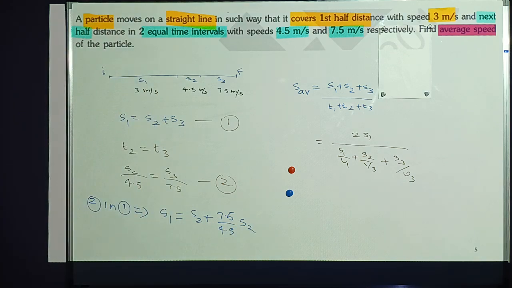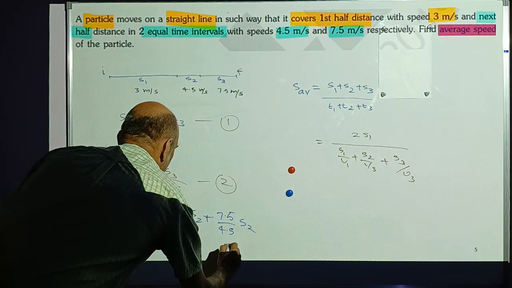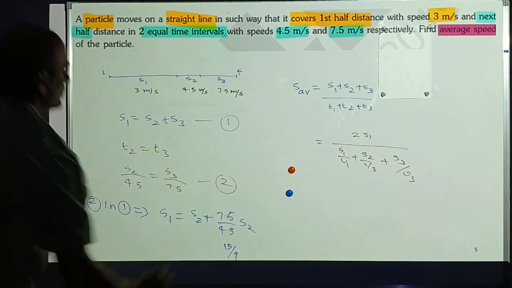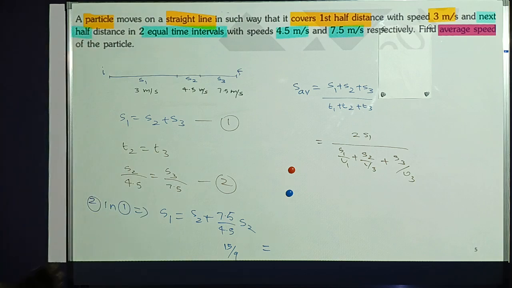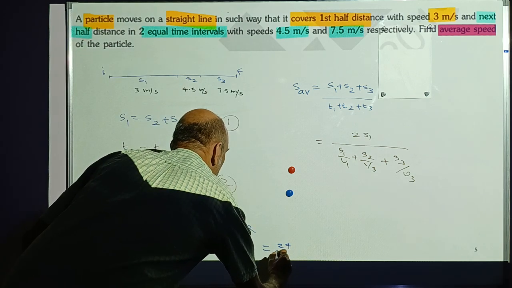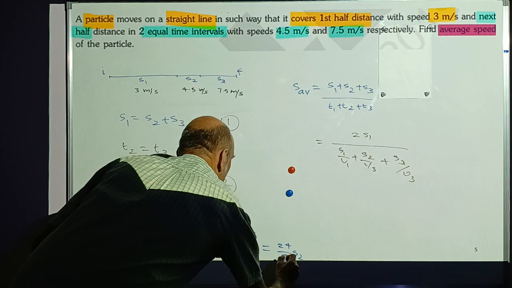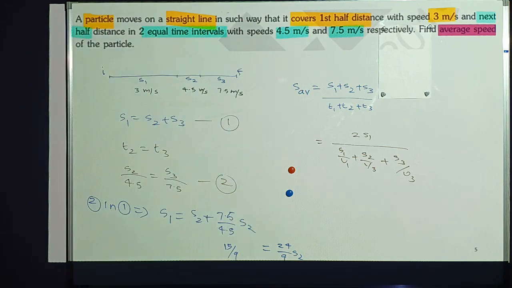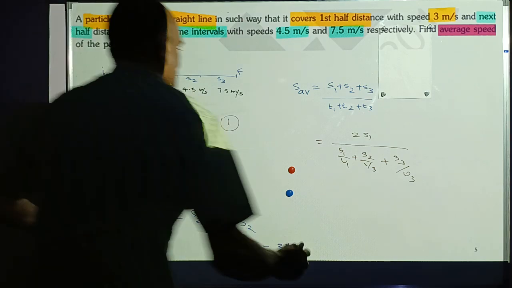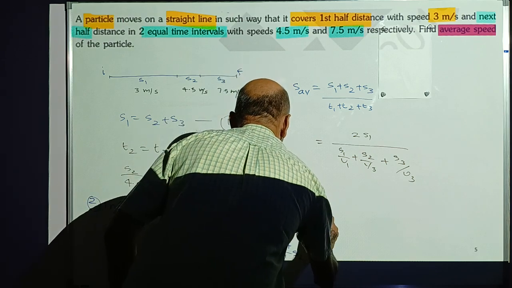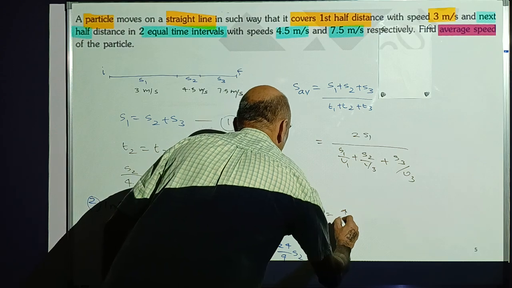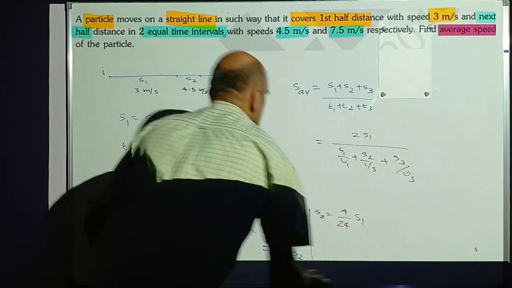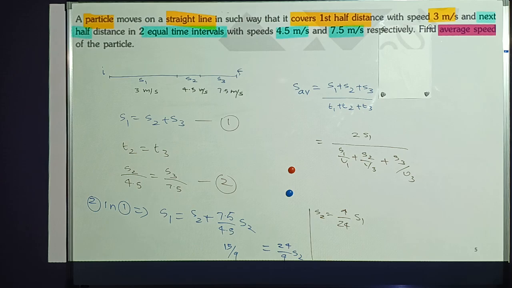So this will give S1 in terms of S2. So this is 15 by 9, multiply numerator and denominator by 2, so the total will be 24 by 9. So S2 is 9 by 24, a fraction of S1. And that fraction is 9 by 24.